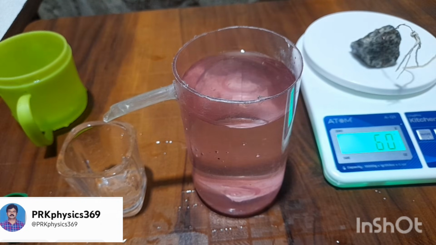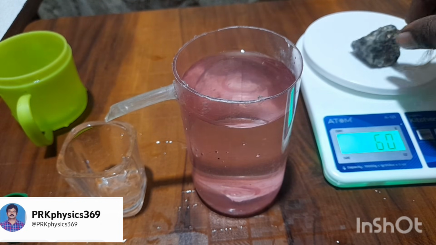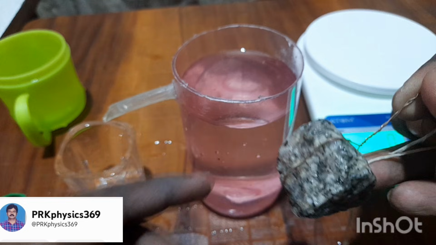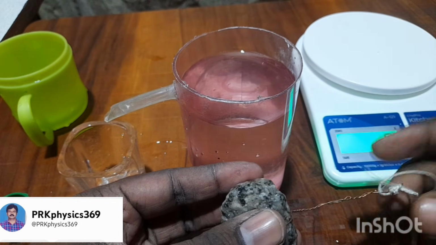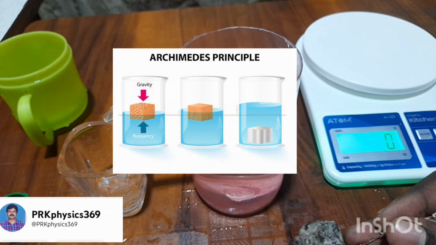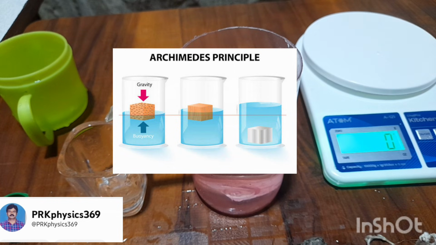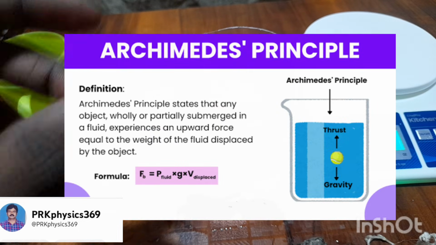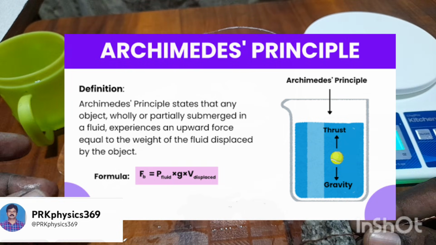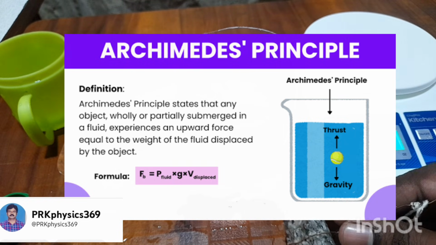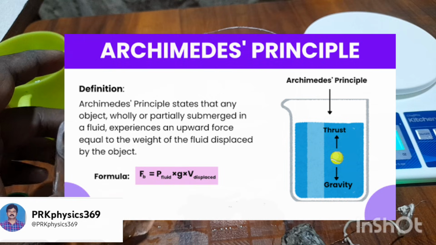When I place this rock into the water, there is a buoyant force, right? To measure the buoyant force, based on the Archimedes principle, the weight of the water displaced by this rock is equal to the buoyant force.